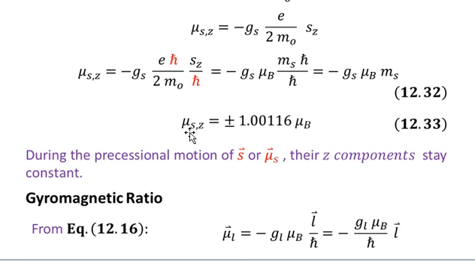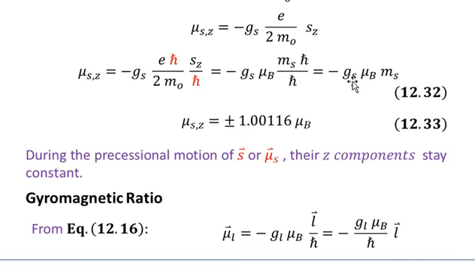So the z component of the spin magnetic moment is equal to plus or minus 1.00116 times mu B, because Gs was divided by the value of Ms, which has two possible values, plus or minus half. So Gs was divided by plus or minus half, and you got this value.